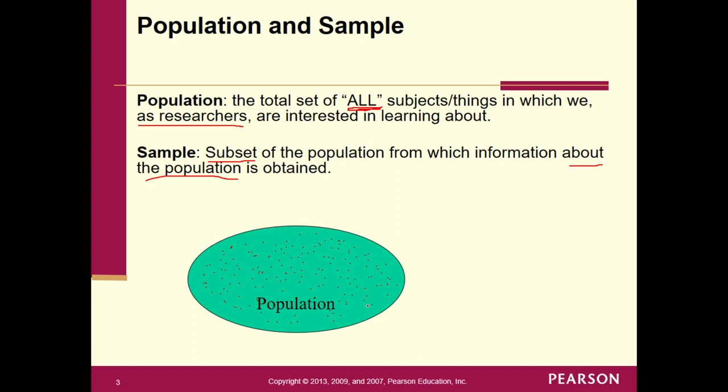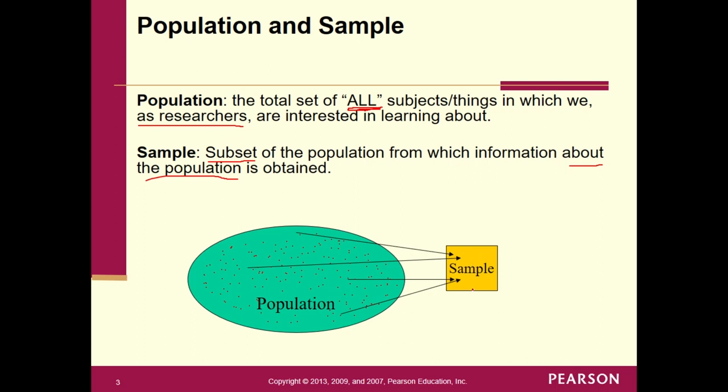We're going to just take a couple of people here or there. Now it's going to be more than four, but think of it as maybe we look at 50 or 100 or 200 people from this population. Then we bring those people into the sample. Notice the sample are people that come from the population.